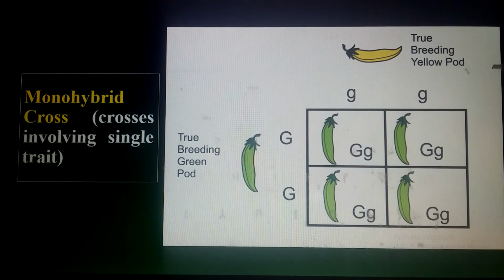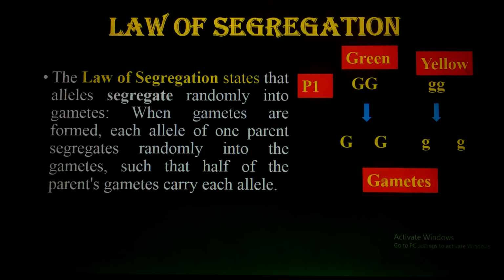So we are here considering the example of the pod color. As you can see, the pure breeding green pod color is crossed with the pure breeding yellow pod color. Is it clear? So this cross involves just one contrasting character, and this is the example of the monohybrid cross, and I'm here discussing it in the law of segregation.